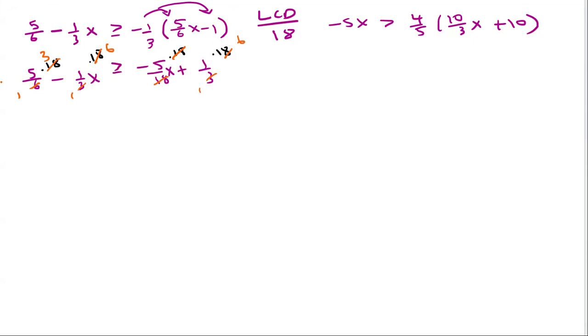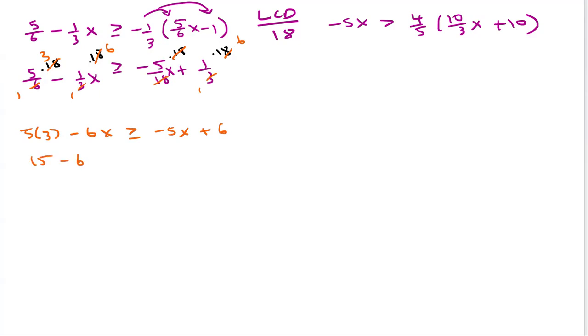All right, so that's going to give us 5 times 3 minus 6x greater than or equal to minus 5x plus 1 times 6, which is just 6. Okay, so that's where we get there. All right, so we got rid of the fractions. We're good to go. And then we can just simplify this a little bit further.